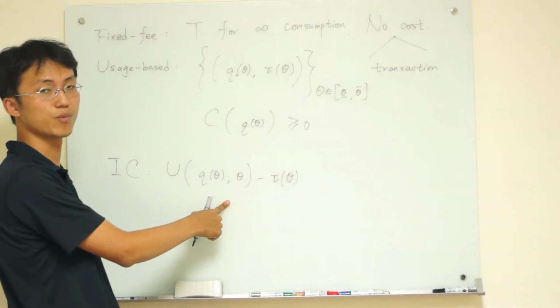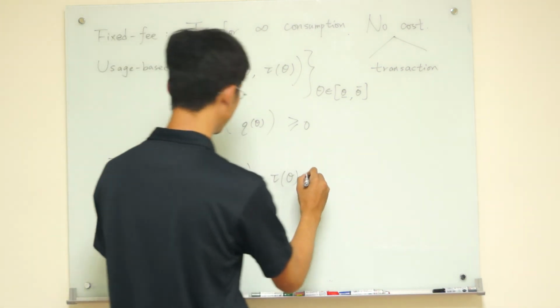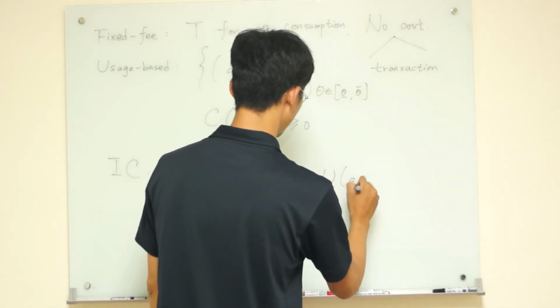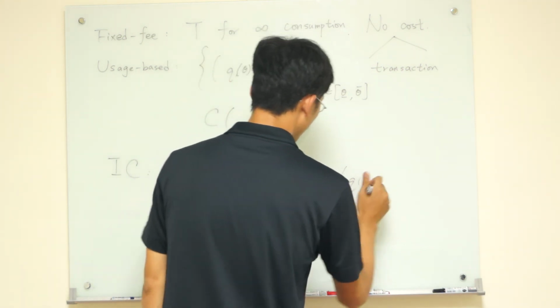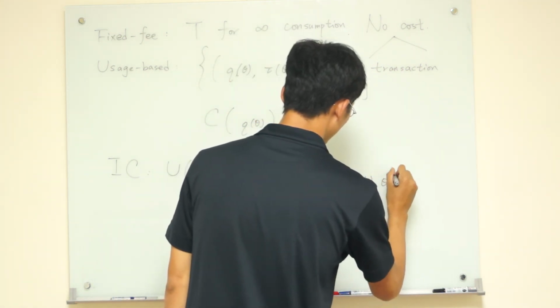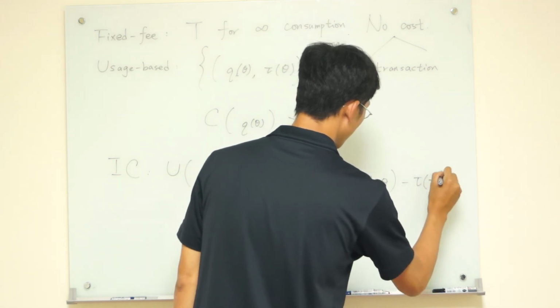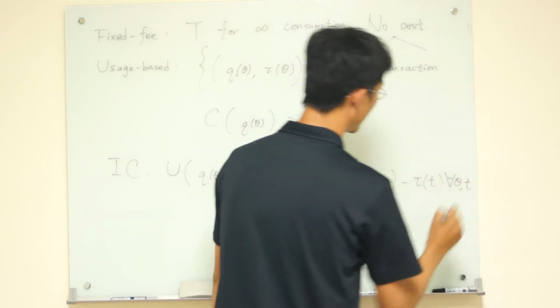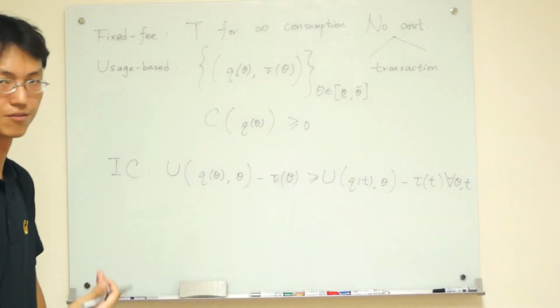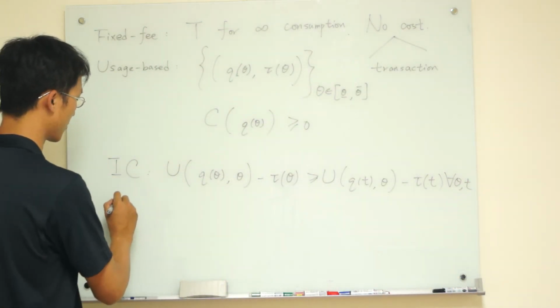This is the amount you may get if you tell the truth. This must be greater than or equal to the amount you may get by lying. Here we use T as the false report or the false type.